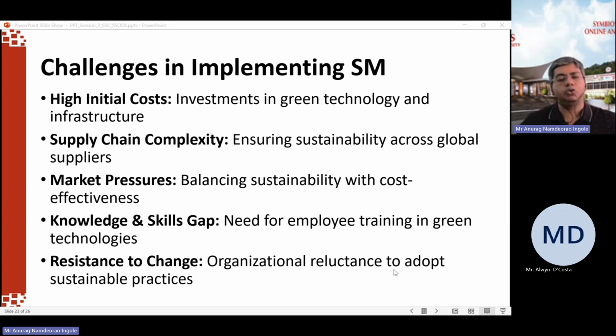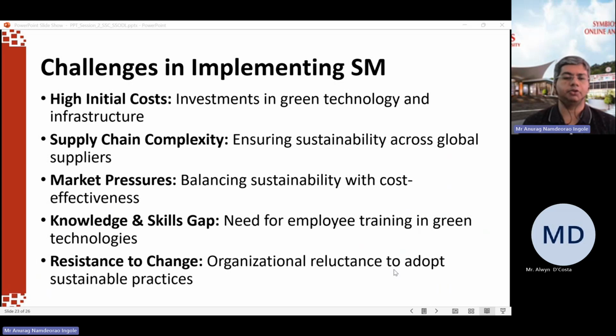So if your customer is in Europe, then this global supply chain becomes very complex if you want to implement sustainability initiatives. But definitely that is a challenge, but it is something that we have to do and focus on.